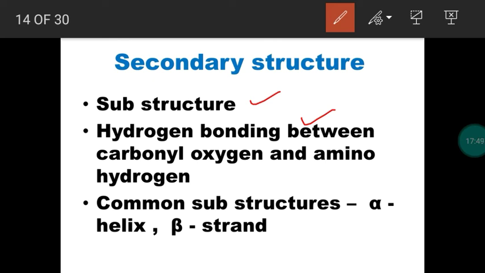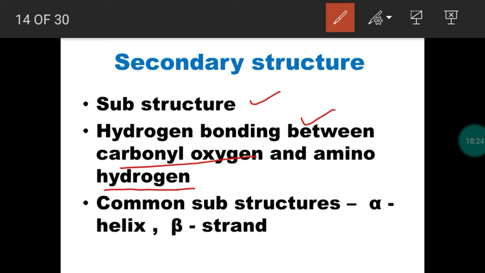Between the carbonyl oxygen of one amino acid and the amino hydrogen of another amino acid, there will be hydrogen bonding. NH2 is what? Amino group. So hydrogen in the NH2 group will be involved in bonding. So the carbonyl oxygen of the first amino acid and the amino hydrogen of the second amino acid will be involved in hydrogen bonding.